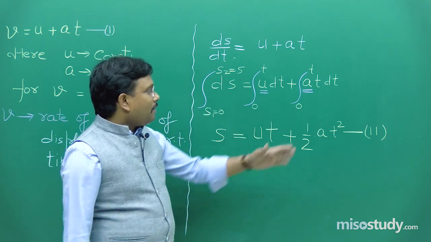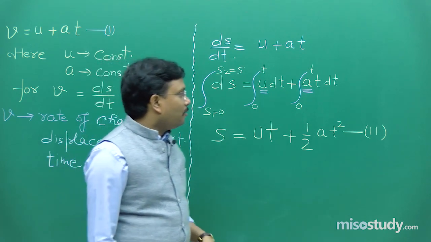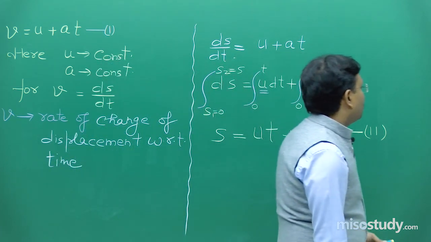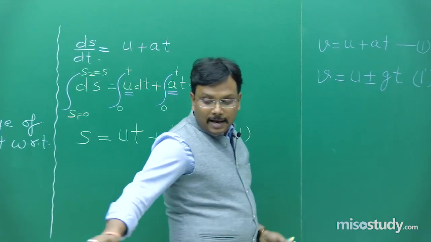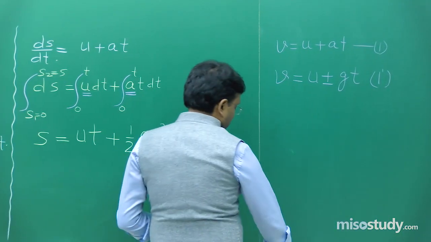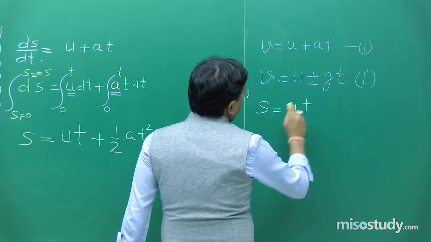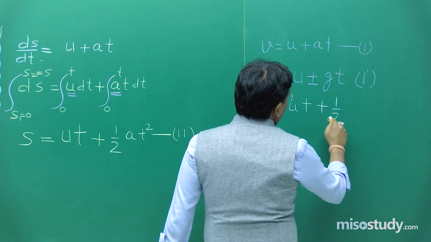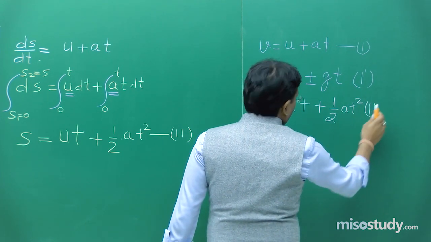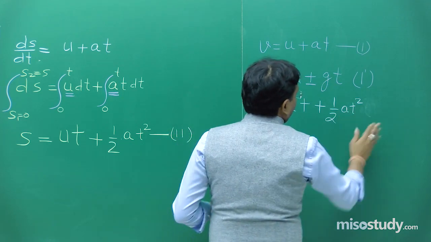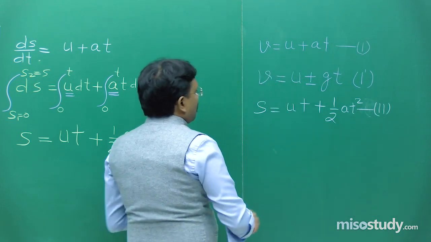Okay. Now, I will use that space to write down something. Please be with me, come at this place. So, one relation I achieved as S is equal to ut plus half at square, equation number 2.